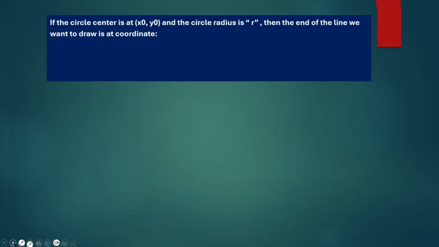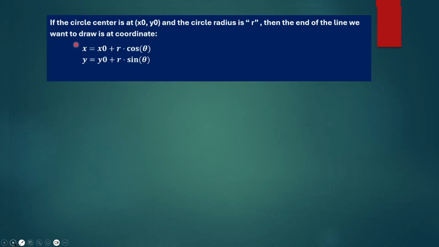So let's look at how we go about resolving this problem, and figure out how we're going to program the arm that rotates around a circle. If the center of the circle is at x0, y0, and we have a radius of r, then the end of the line we want to draw is at the following coordinates.